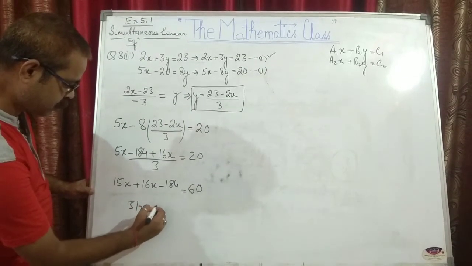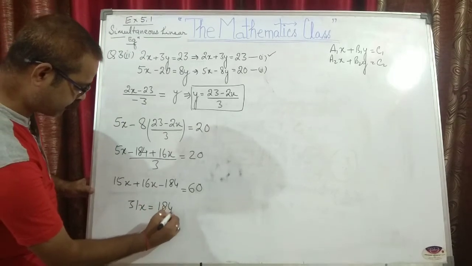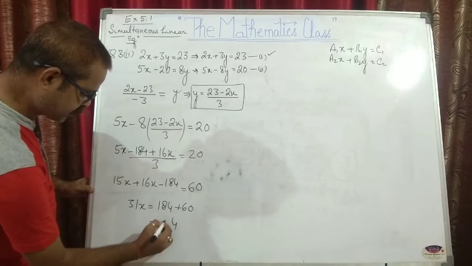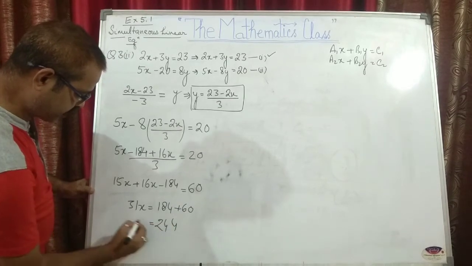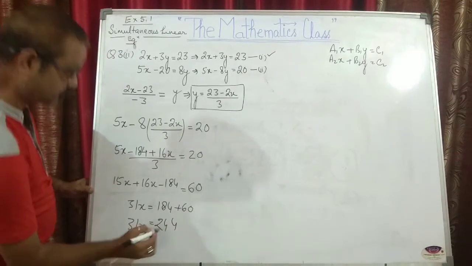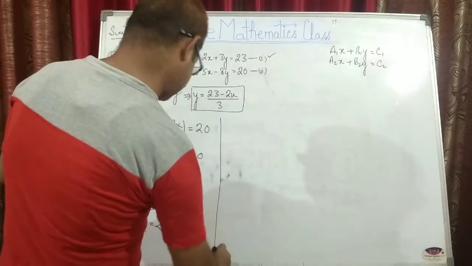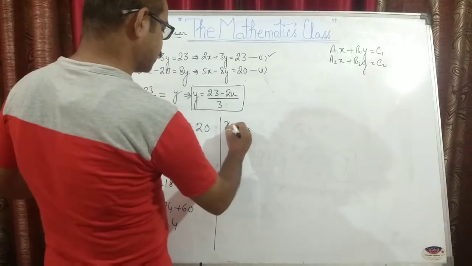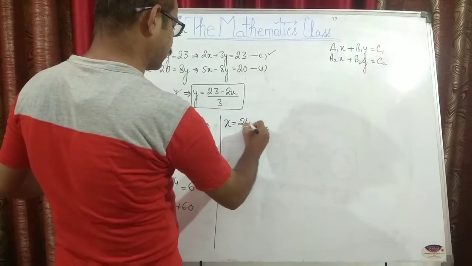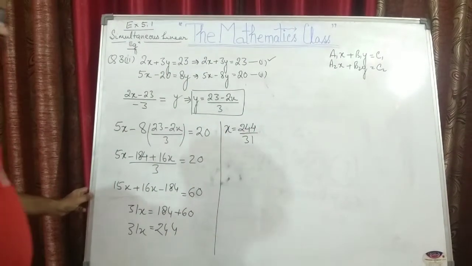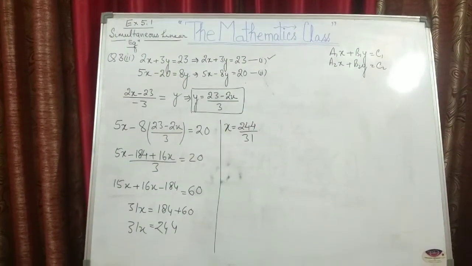So 31x is equal to 184 plus 60. That becomes 244. 31x is equal to 244. So we can say that x is equal to 244 upon 31. This is one value. We can solve it later on.